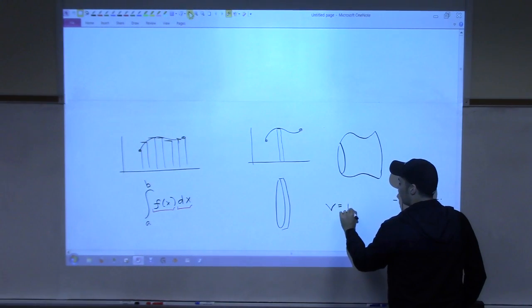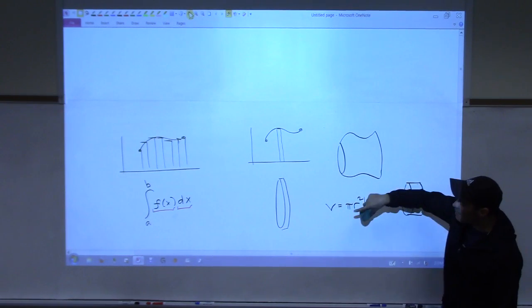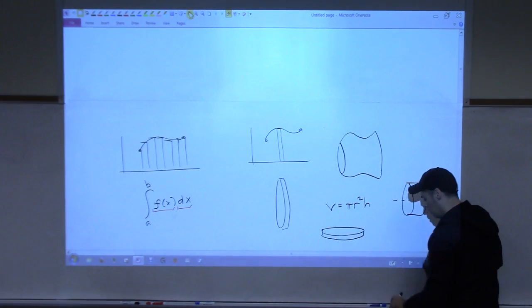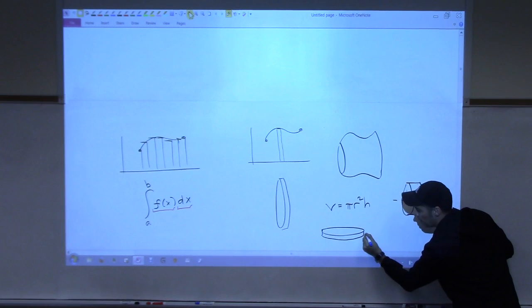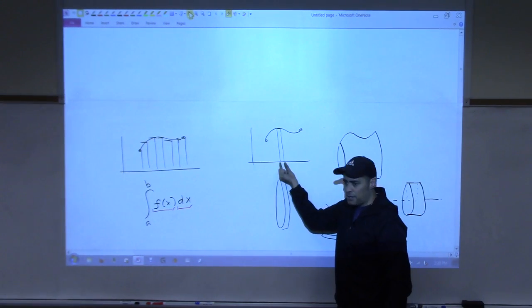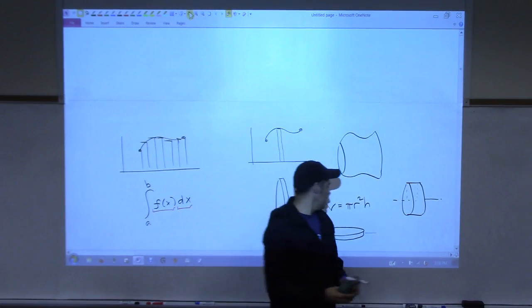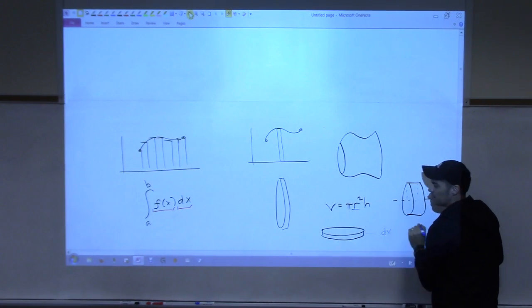If you look it up, pi r squared h, right? Now it's sideways, so let me draw it this way for you. What is the height of this little cylinder? Well, that's this piece, which in this formula is dx.